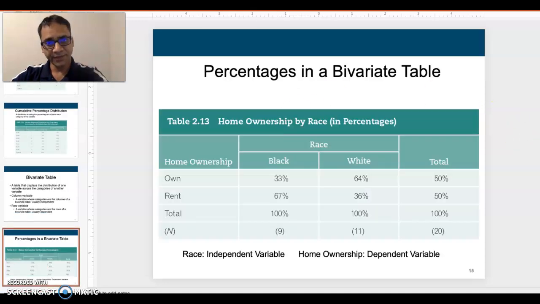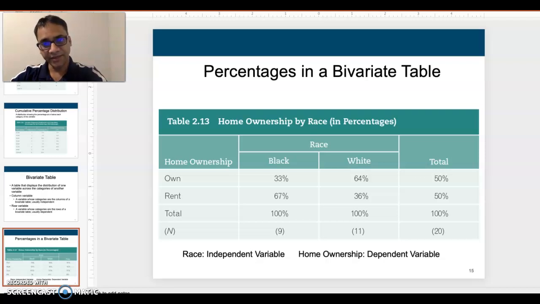In this example you can see a cross tabulation or bivariate variables, home ownership by race. Here the race is the vertical column, and we can say it is the independent variable.